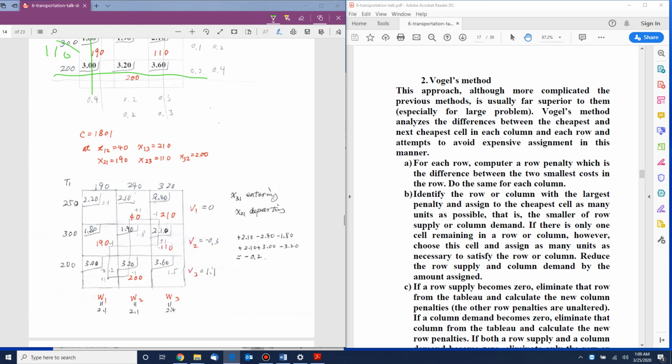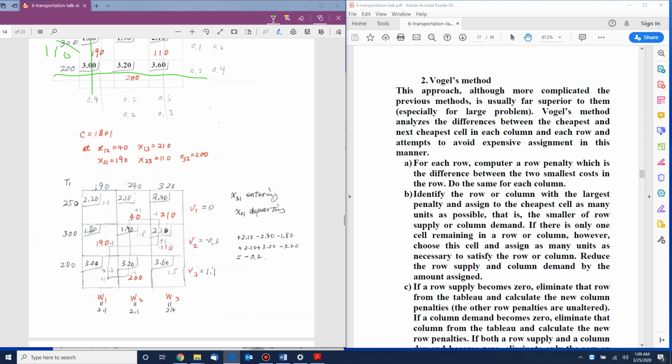Okay, so when we built up the initial tableau, we can use it to find the optimal solution by working on the dual variables and then finding the entering variable. Here, when we work it out, we get that x31 should be entering and x21 should depart.